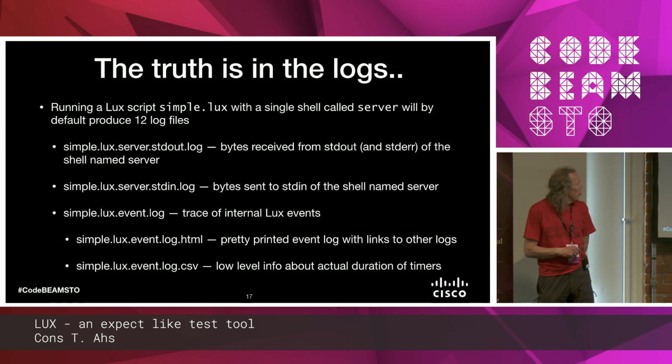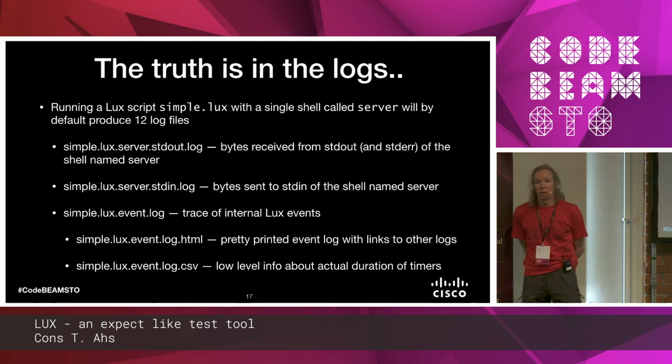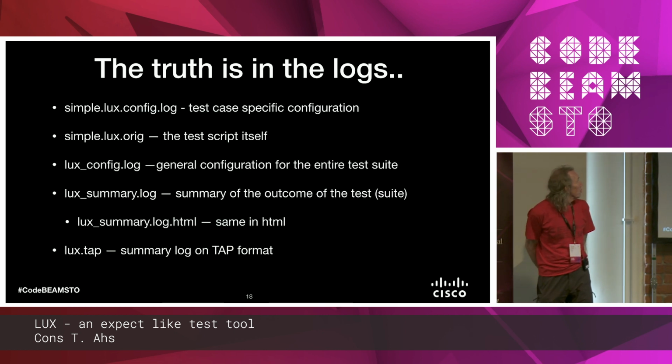And then you can also see the standard in of the corresponding shell. And then there are even more details looking at the event log, actually seeing what was sent in low-level detail, when it was sent, timers starting, timers expiring, etc. So there's a lot of information in the logs, and when things go wrong, this is what you dive into. And then there's more logs as well.